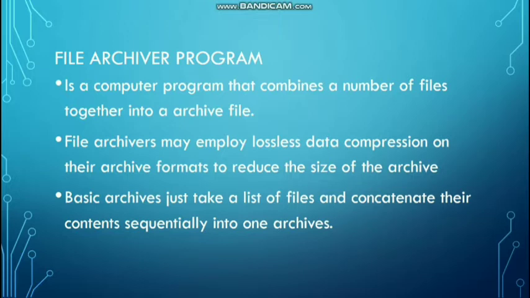Basic archivers just take a list of files and concatenate their contents sequentially into archives. The archive file needs to store metadata, at least the names and lengths of the original files, if proper reconstruction is to be possible. So basically, a file archiver is a program or software that creates an archive file.